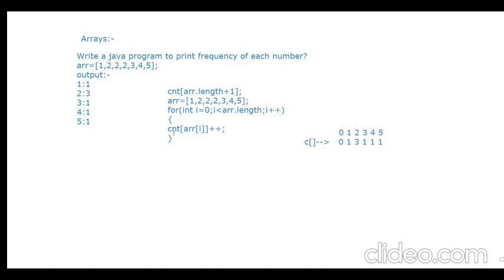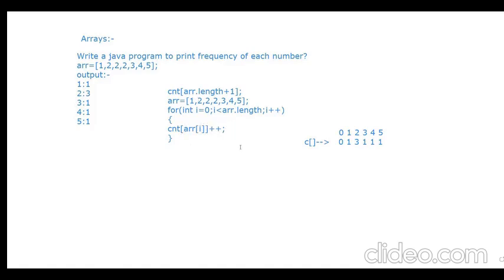Here, if we check count of array of I, count of array of I means count of 1, count of 1 plus plus. It means the element 1 is repeated only once.